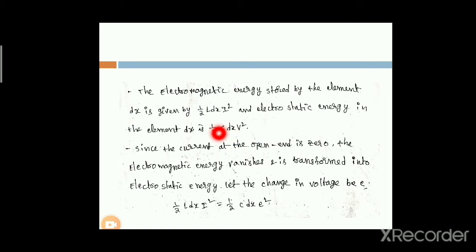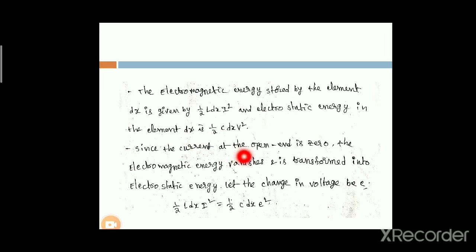Here C is the capacitance and V is the voltage across the small length dx in the transmission line. This is the electromagnetic energy stored by that element and this is the electrostatic energy stored by the element.